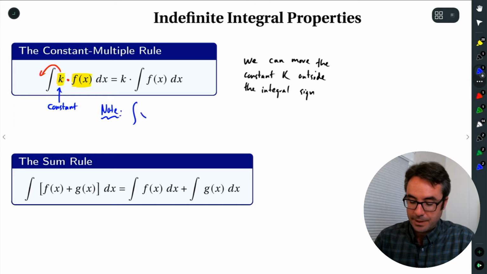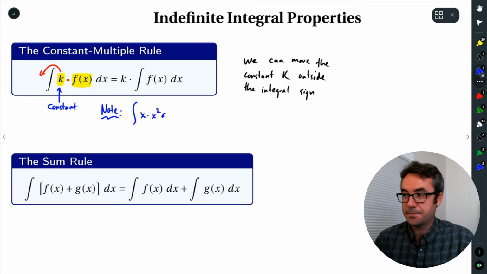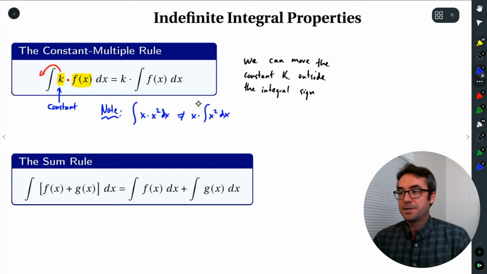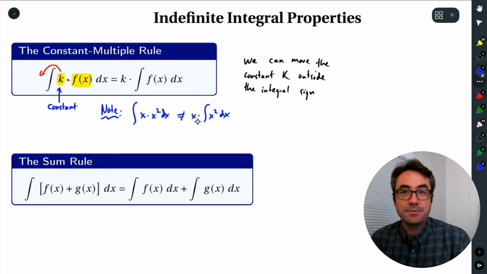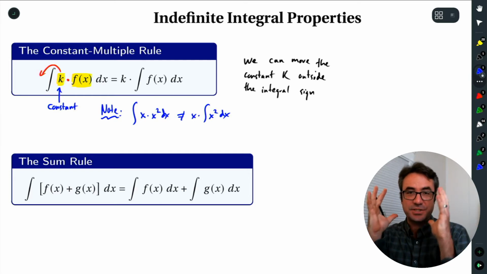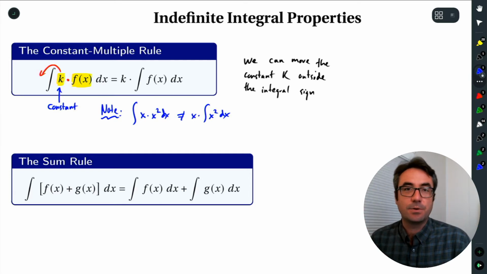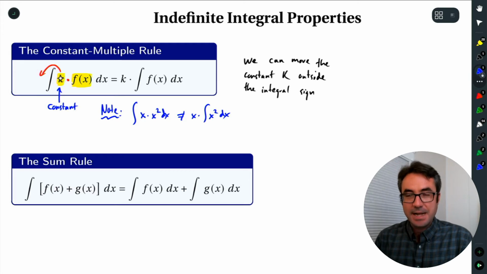If we were going to integrate x times x squared, we wouldn't be able to take this x outside of the integration. So you cannot move variable terms outside of the integration. Variable terms are stuck in between the integral and the dx. But if you have a constant multiple, those can be moved outside.